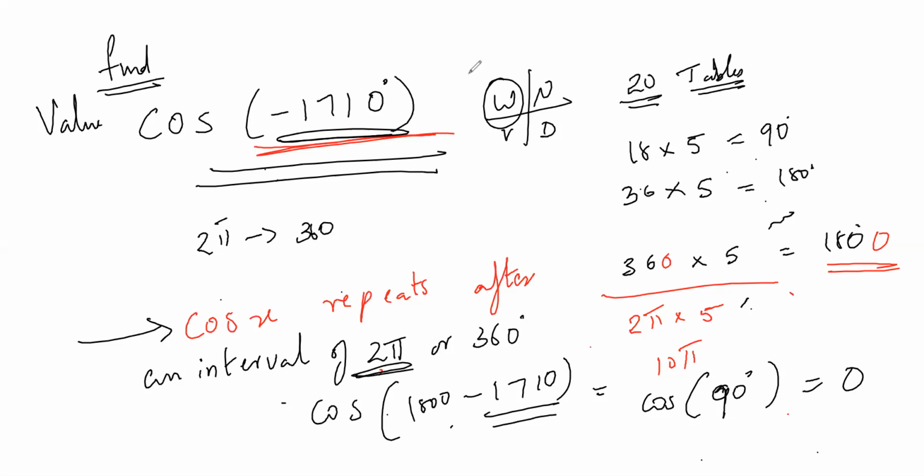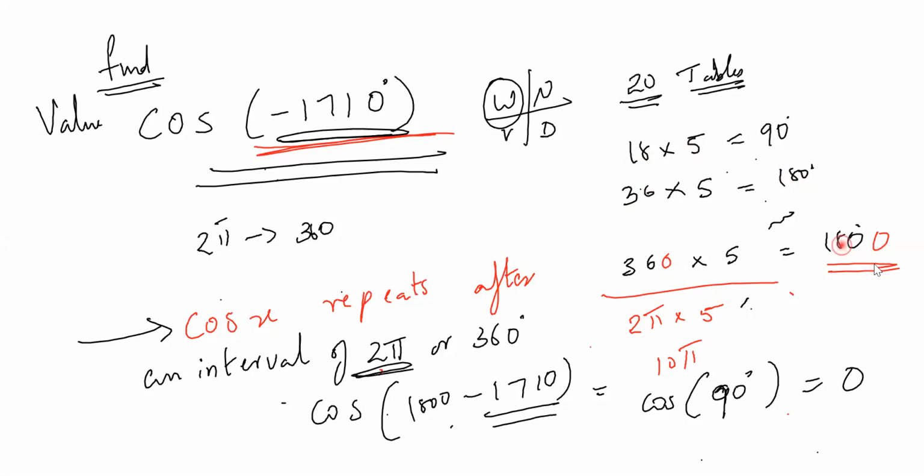So guys, first, what did I do in this question? I'm just teaching a table thing. 90 degrees, 180 is what? Doubled 18, 36, 5 is 180. I'm adding some zeros: 1800.